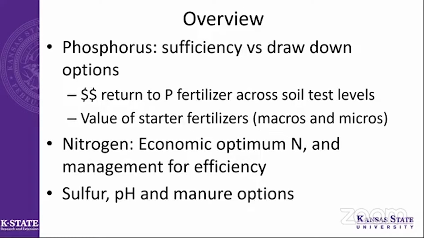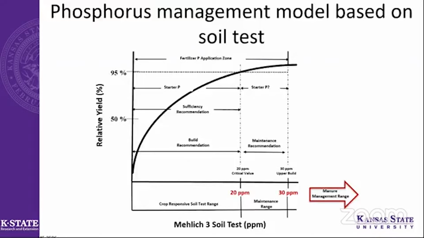And on the nitrogen side, economic optimum, and I would like to spend a little bit of time on this, but Lucas will really expand on that, the economic optimum nitrogen and what opportunities we have for improving economic return to nitrogen. And then I'll also just touch a little bit on other nutrients, especially sulfur and high pH, which again is something that we often talk about in this part of the state.